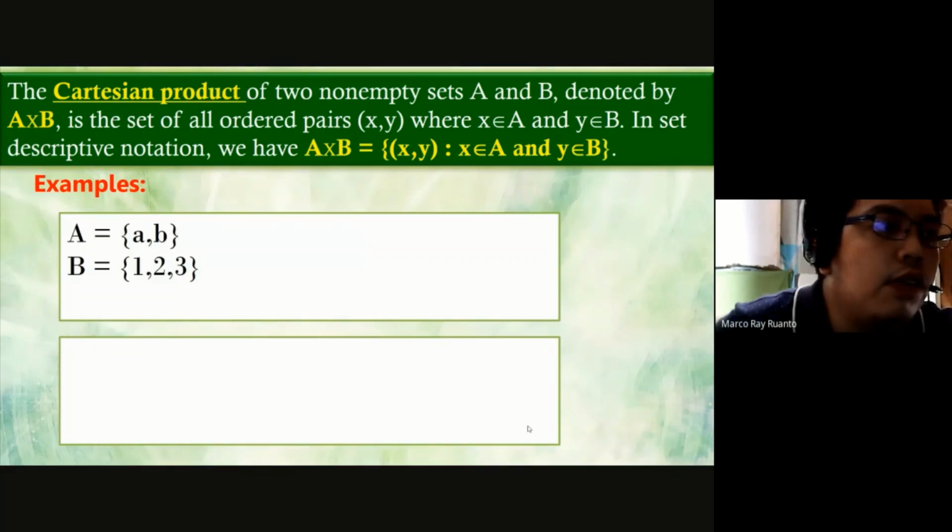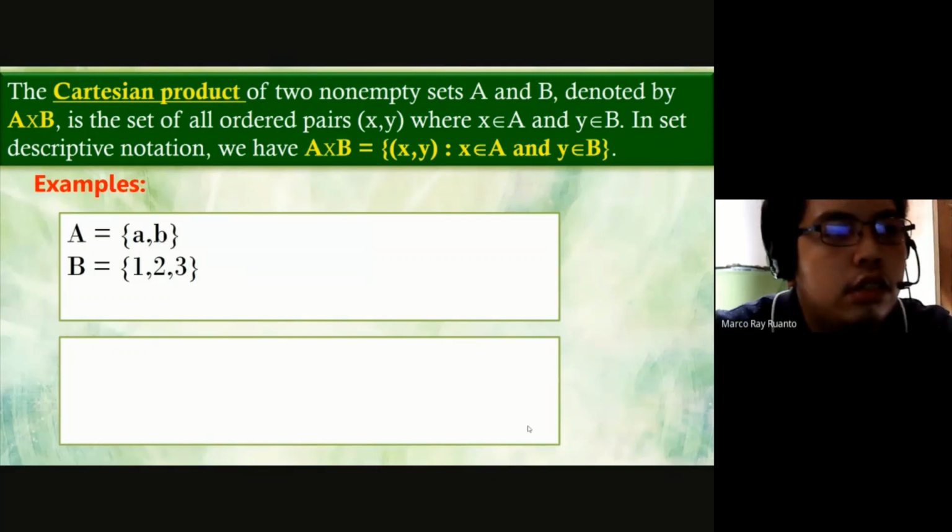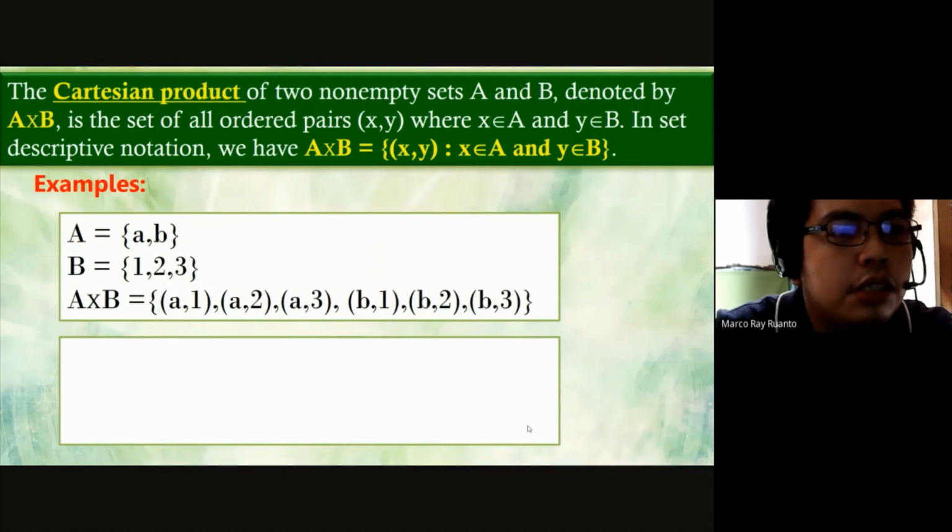Let's say A is a set containing a, b, and B is a set containing 1, 2, 3. Then A times B is defined by this given set: (a,1), (a,2), (a,3), (b,1), (b,2), (b,3).